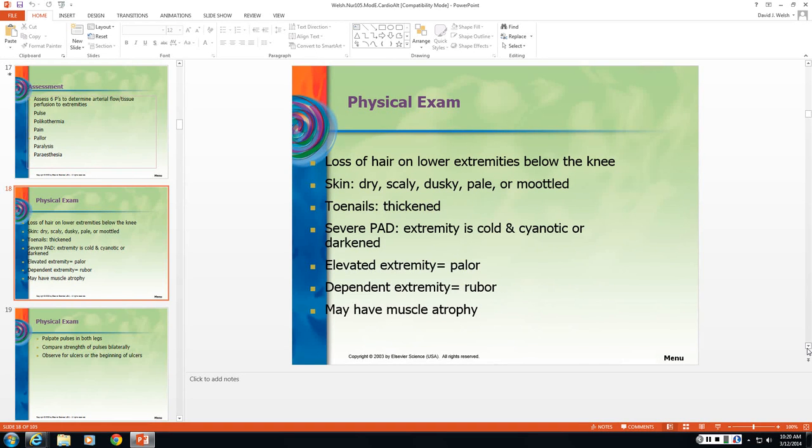Peripheral arterial disease: toenails are going to be thickened. They're going to be brittle. With severe PAD, remember the extremity is going to be extremely cold, cyanotic, or darkened. Even when the extremity is elevated, you're going to have pallor. You're going to have rubor, and you may have muscle atrophy also.